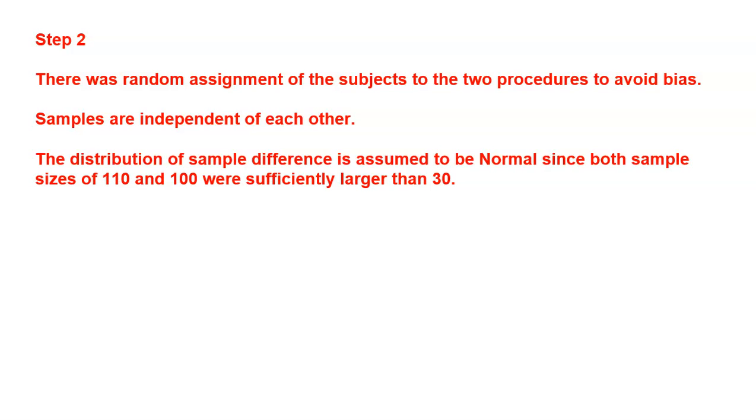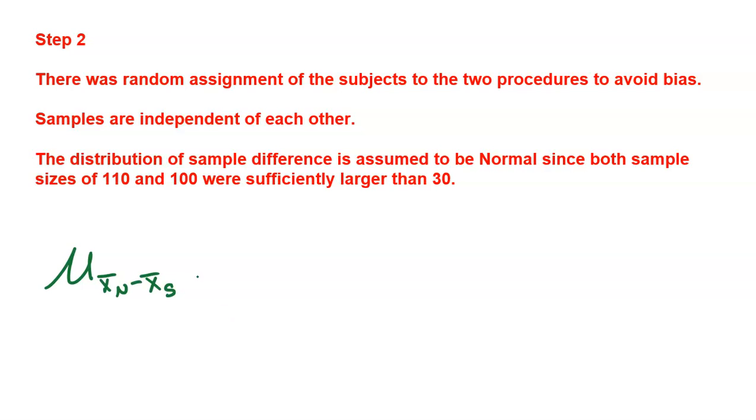Furthermore, the distribution of the sample differences is assumed to be normal because both samples are definitely sufficiently larger than 30. One sample is 110, one sample is 100. As long as we're 30 or larger, we can assume that our sampling distribution will be normal. Now, the other thing I need to do here is build that sampling distribution. So what is the mean of all possible differences between the new procedure and the standard procedure?